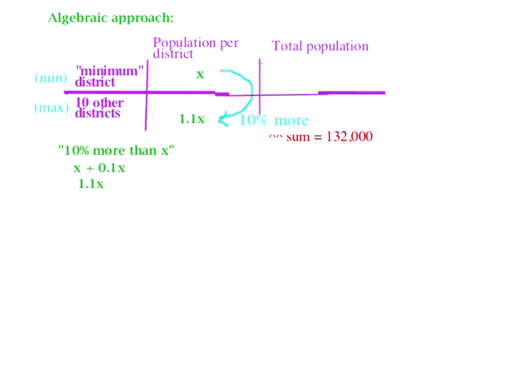And so then you have total populations of respectively x and 10 times 1.1x, which is 11x. So the sum is 132,000.